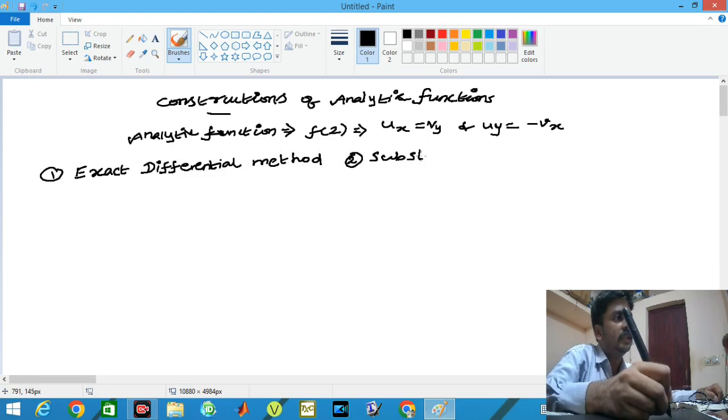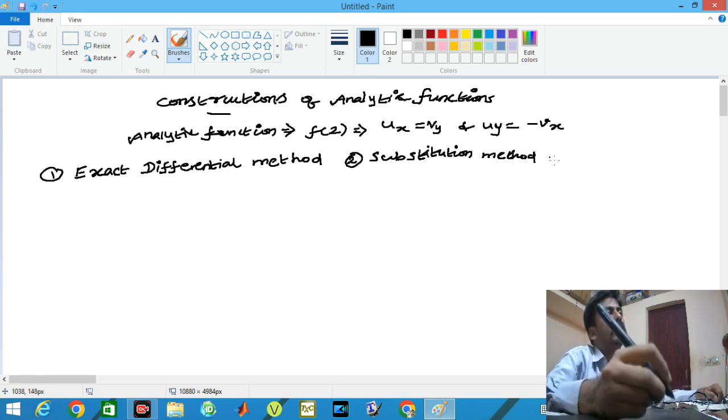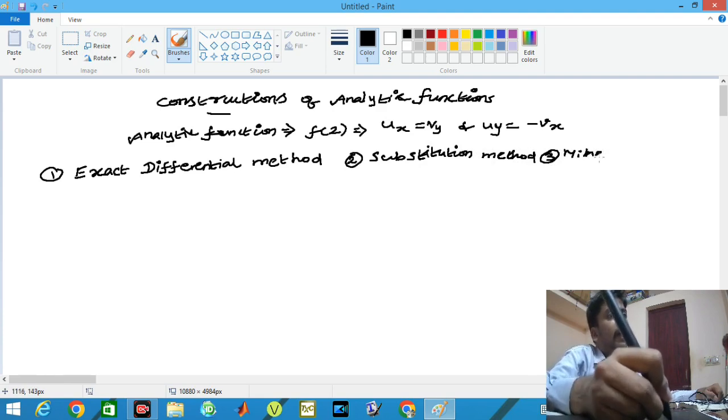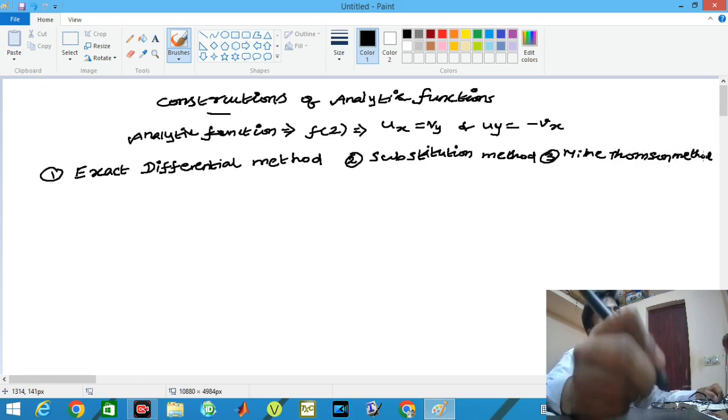The third method is the Milne-Thomson method.